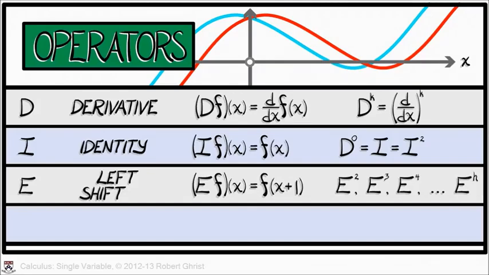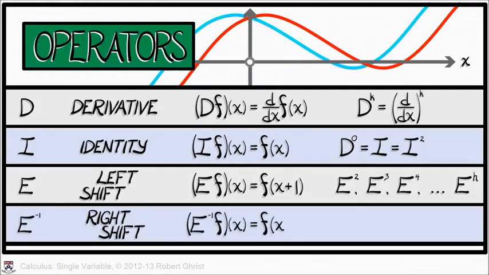Now, can you talk about E raised to a non-integer power? E to the h. Well, surely that makes sense. We can simply evaluate f not at x, but at x plus h. And this means, of course, that we can talk about E to the negative 1, which we would call a right shift. Instead of evaluating f at x plus 1, it evaluates f at x minus 1.